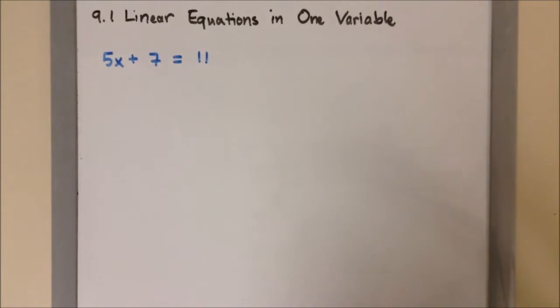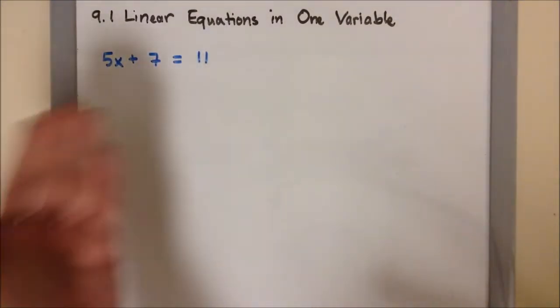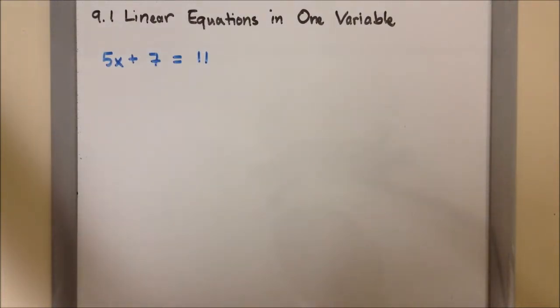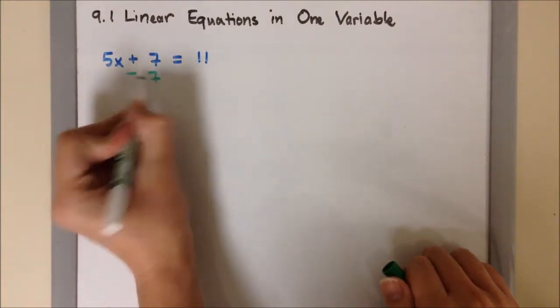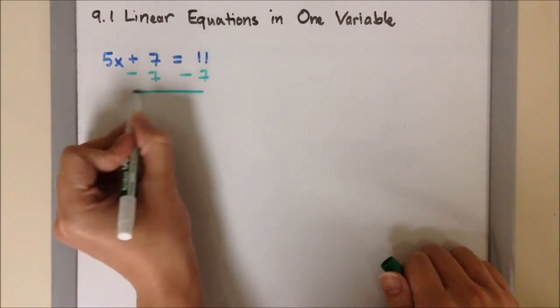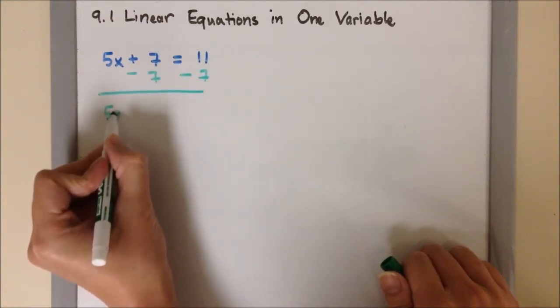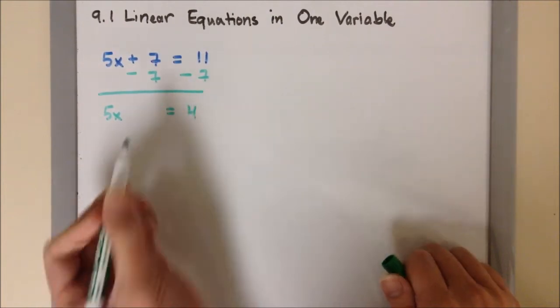It's pretty straightforward. To solve 5x plus 7 equals 11, you want to get 5x by itself. So all you gotta do is subtract the 7 on the left and then subtract 7 on the right. You gotta do the same operation. So 5x equals 11 minus 7, which is 4.